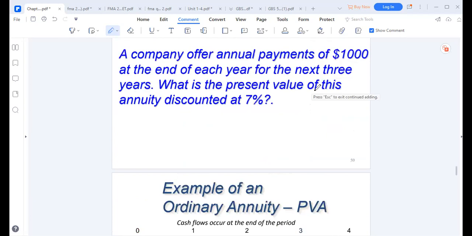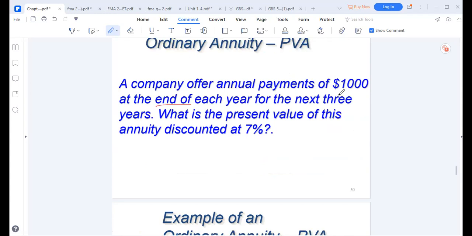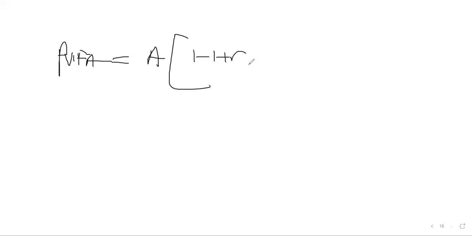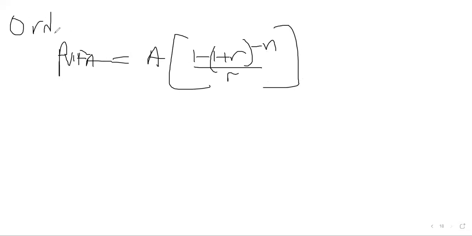So if you are given an ordinary annuity where the payments are done at the end, the present value interest factor annuity is going to be the amount, then 1 minus (1 plus R) to the power negative N, over R. This is for an ordinary annuity, when payments are done at the end of the period.